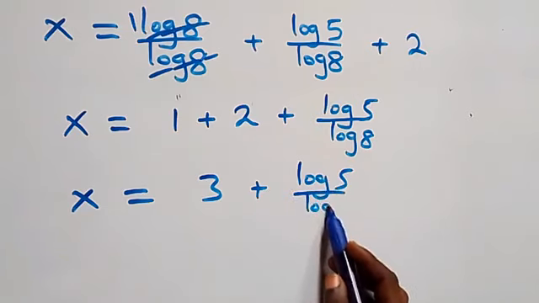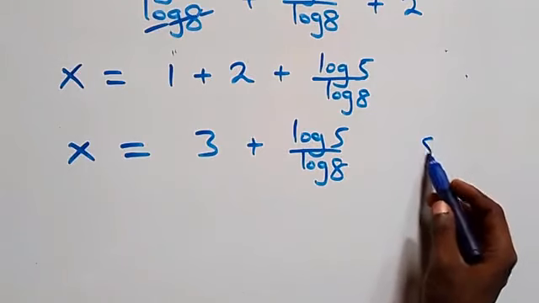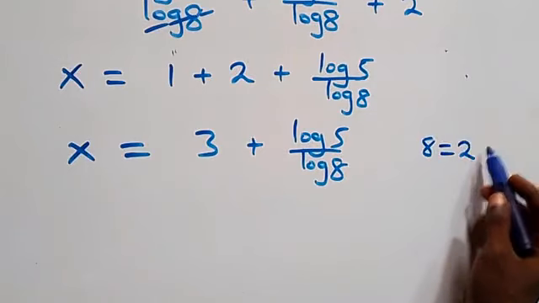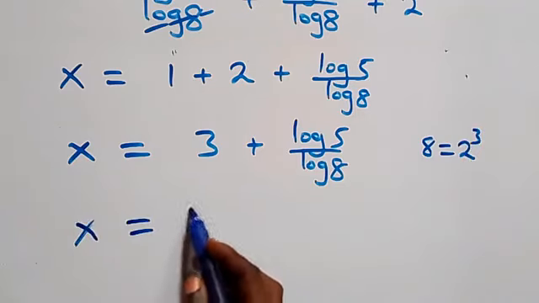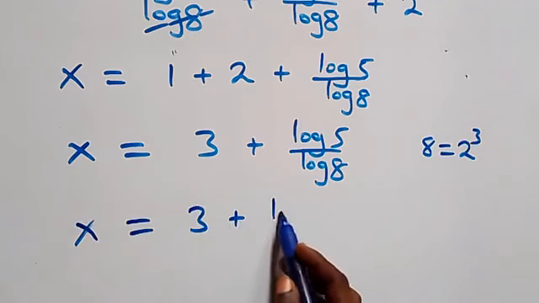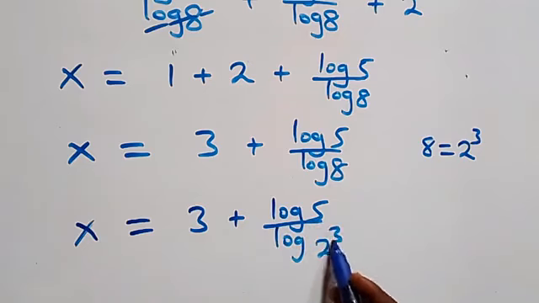over log 8 here. Then we can also express 8 as 2 times 2 times 2, which is 2 raised to power 3. And what we have becomes x equals 3 plus log 5 over log 2 raised to power 3 here.